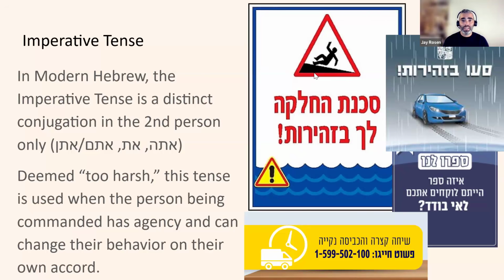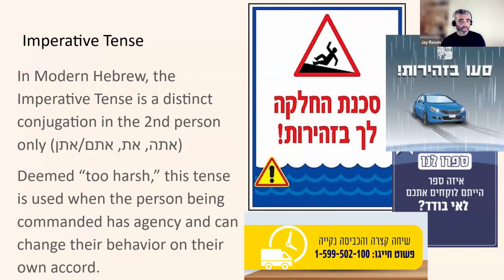Everyone can understand when they see that someone is slipping. And the red triangle indicates warning. So what does it say in Hebrew? Sakanat hachlaka. A sakana is danger. Hachlaka is slipping or slippage, if we're going to use the fancy term for it. So danger of slipping, sakanat hachlaka. This is a compound noun of two nouns together, combining into one thought of danger of slipping.